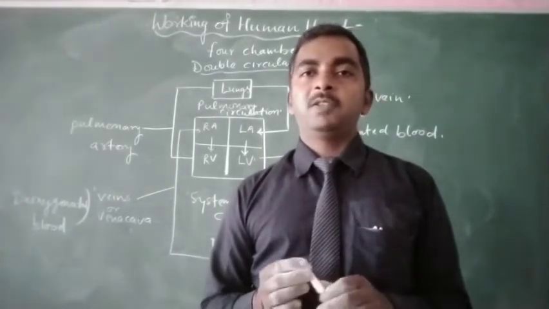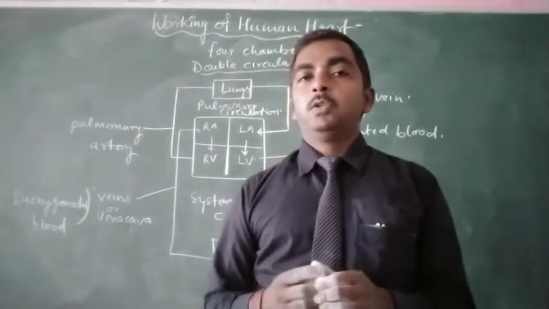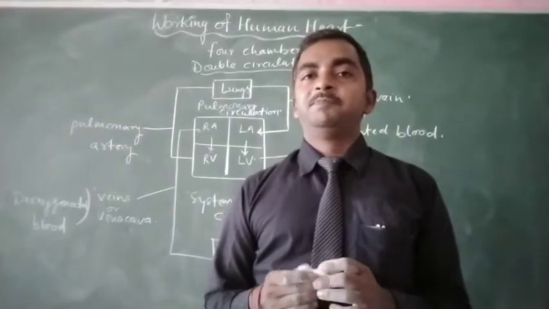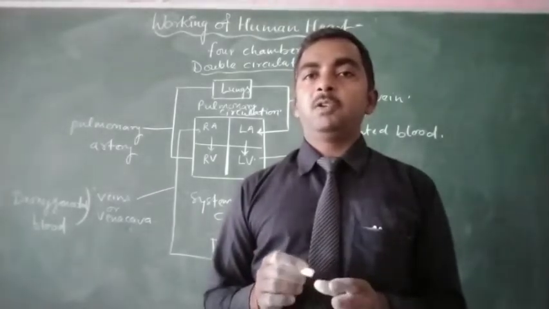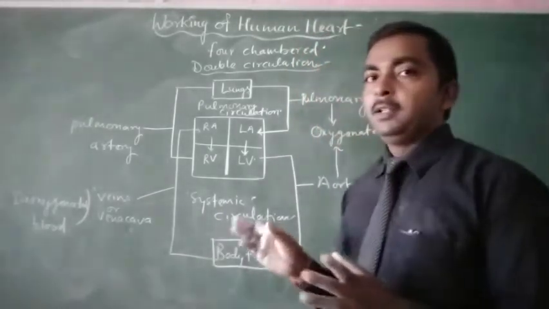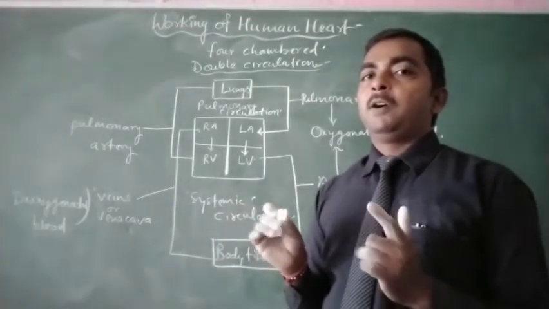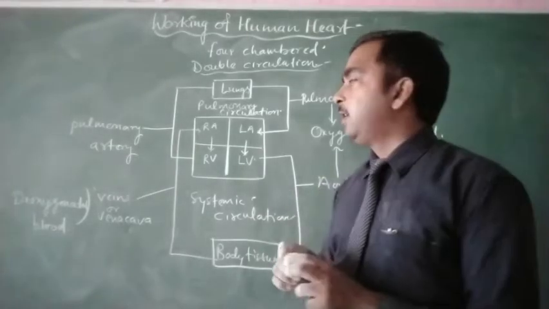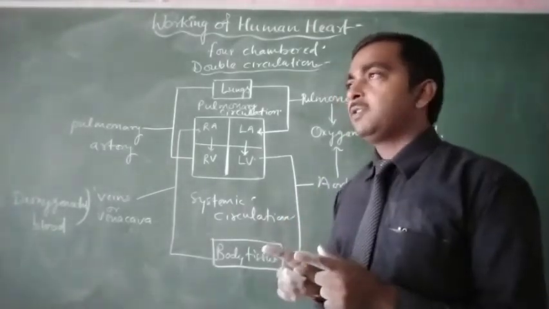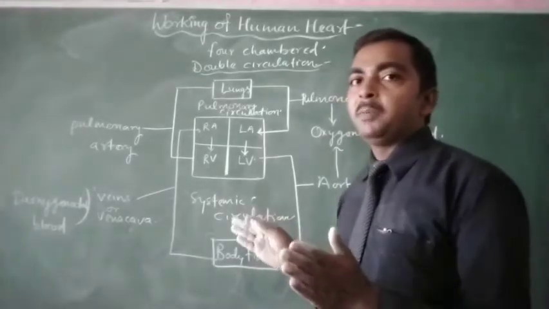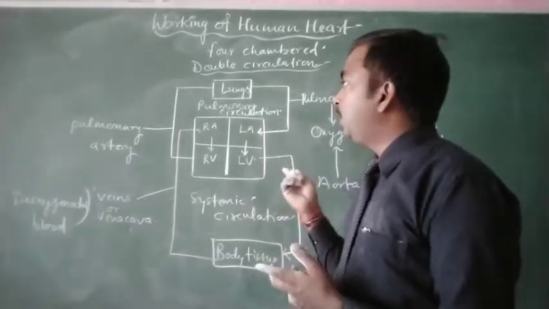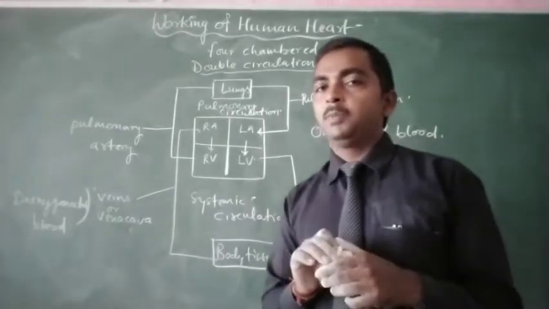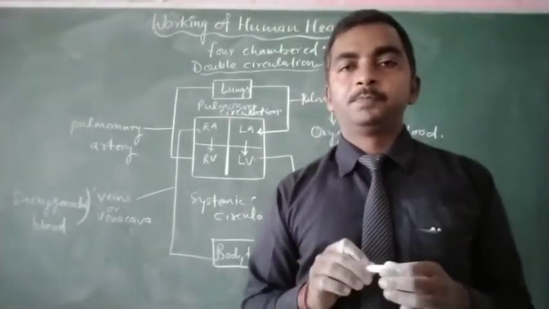To fulfill the requirement of sufficient oxygen, there is need of double circulation, because in double circulation the oxygen rich blood remains separate from the carbon dioxide rich blood. It means deoxygenated and oxygenated blood remain separate during the complete cyclic circulation. So this is one of the advantages of double circulation.